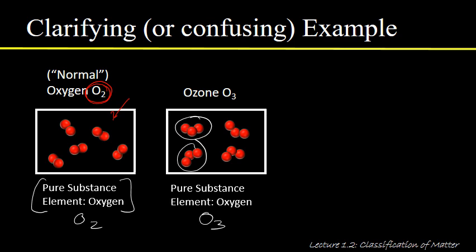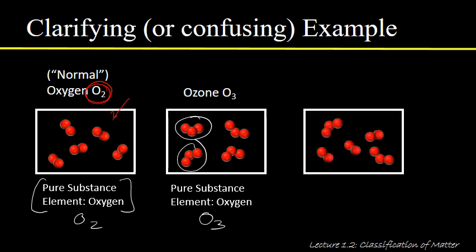Right? But what if we had a sample like this that contained both O2 and O3? How would we classify that? So, first question, is it an element or a compound? Right? Well, since everything in there are oxygen atoms, we'd say that it is an element, right?